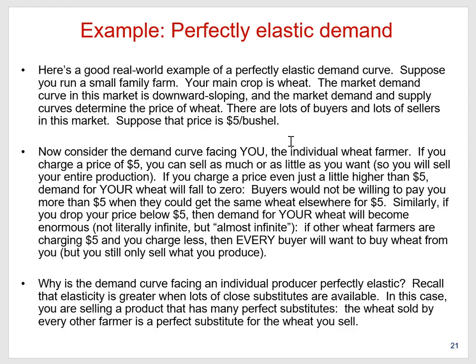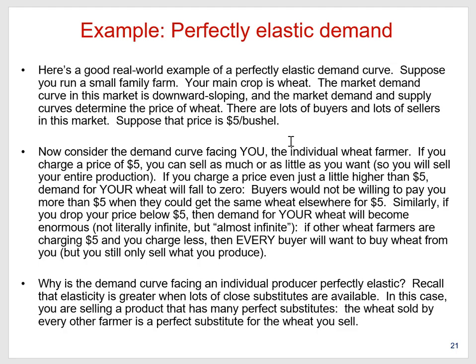$5.01. Even that will drive the customer to another seller, because we defined the wheat market as a near perfectly competitive market. There will be too many substitutes, too many other sellers. So your customer will easily find another seller who is willing to sell at $5 per bushel. So slightly changing your pricing, as you can see, reduces the quantity demanded.